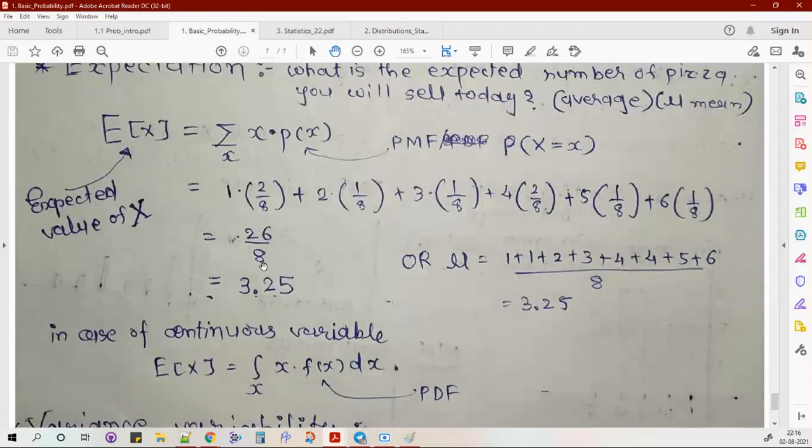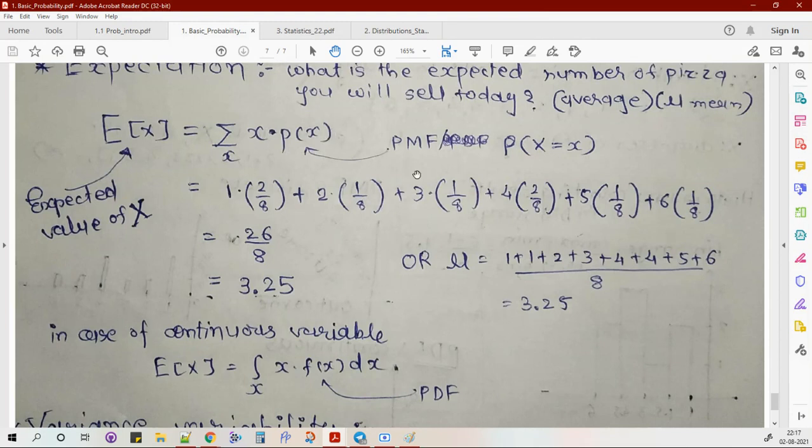Now you will get the answer, and this p(x) is the PMF, the probability mass function, as you have guessed, in the case of a discrete random variable. In the case of a continuous random variable, it is the PDF, right? So it would be x into f(x), correct?